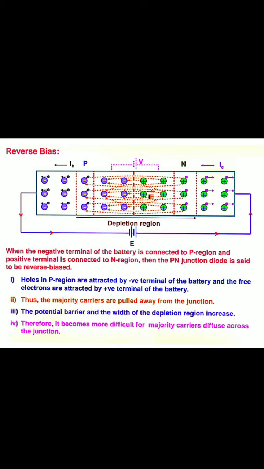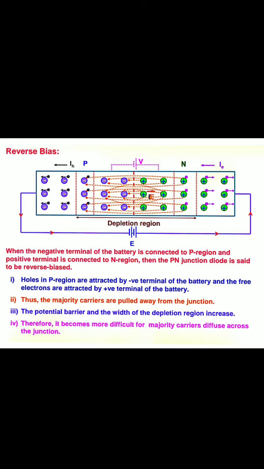What happens? Because on the P side the majority carriers are holes, and it is connected to the negative terminal, they will be attracted by the negative terminal. The same thing happens on the N side also. Due to this attraction, the width of the depletion region increases. The potential barrier also increases.